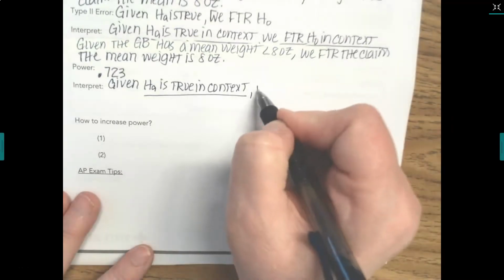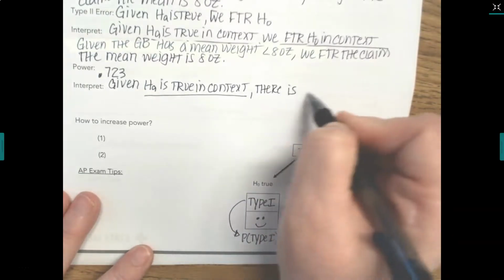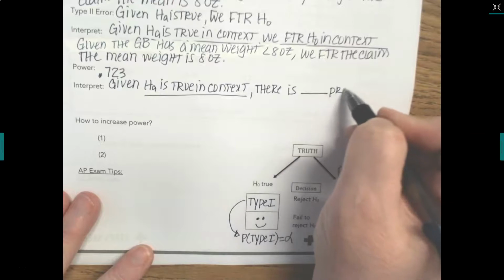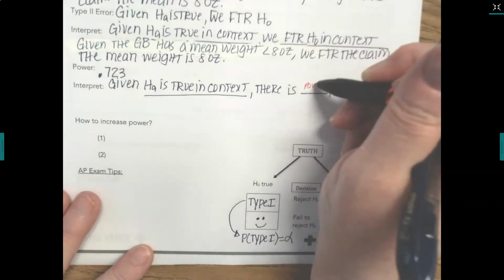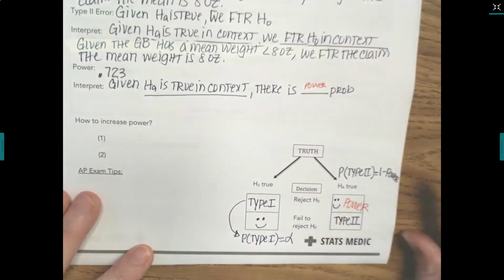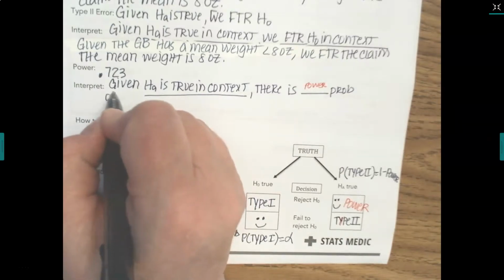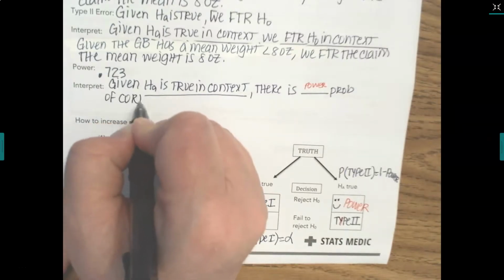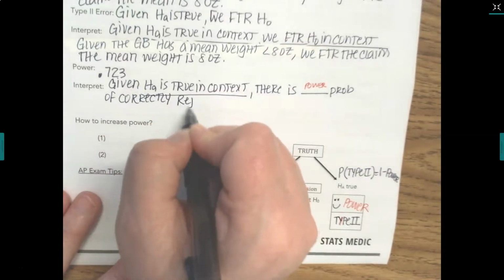So there is blank probability, and in that spot, that's where you're going to write whatever your power value is of correctly rejecting the null in context.